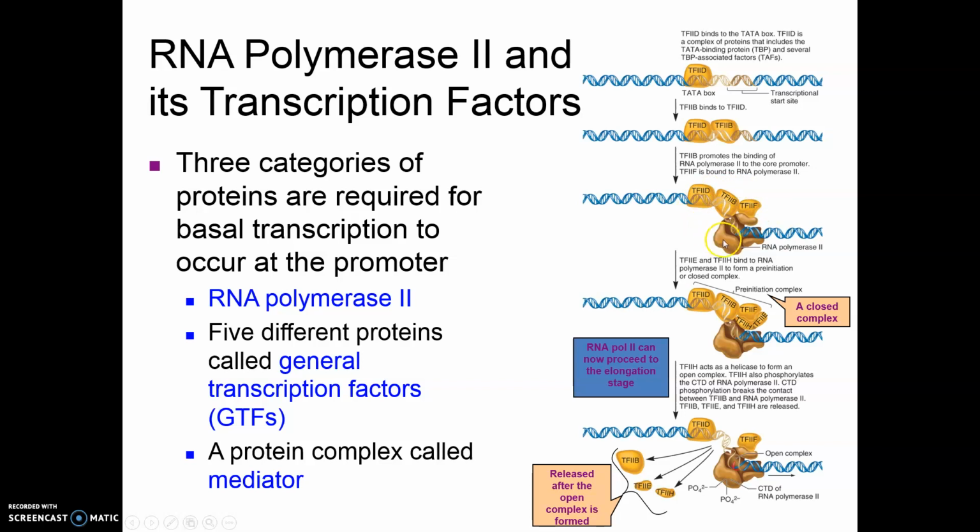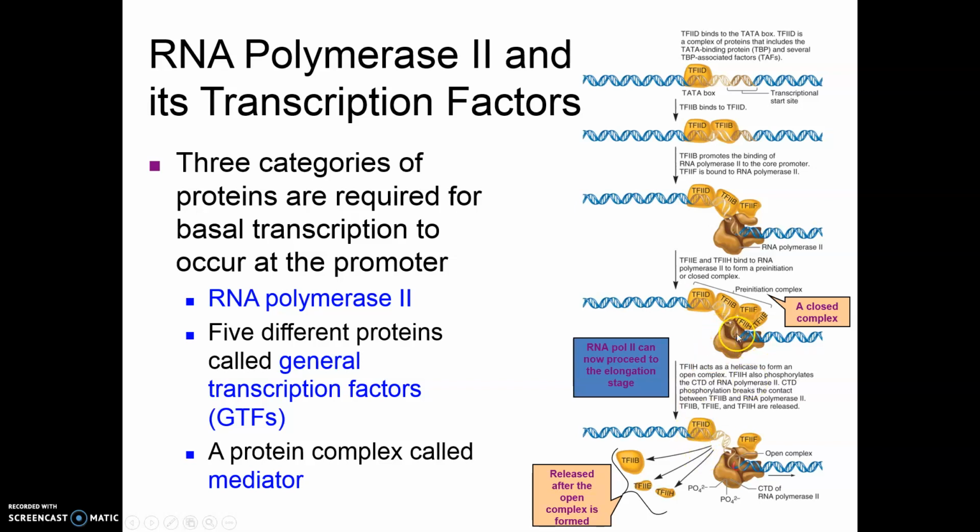Once you get this clustering together, we can get transcription factor 2H and 2E coming together. H itself is a helicase, so that will help open up the complex. It also helps activate the polymerase, which has a carboxyl terminal domain that needs to be phosphorylated in order to activate it. Transcription factor 2H is involved in that process.